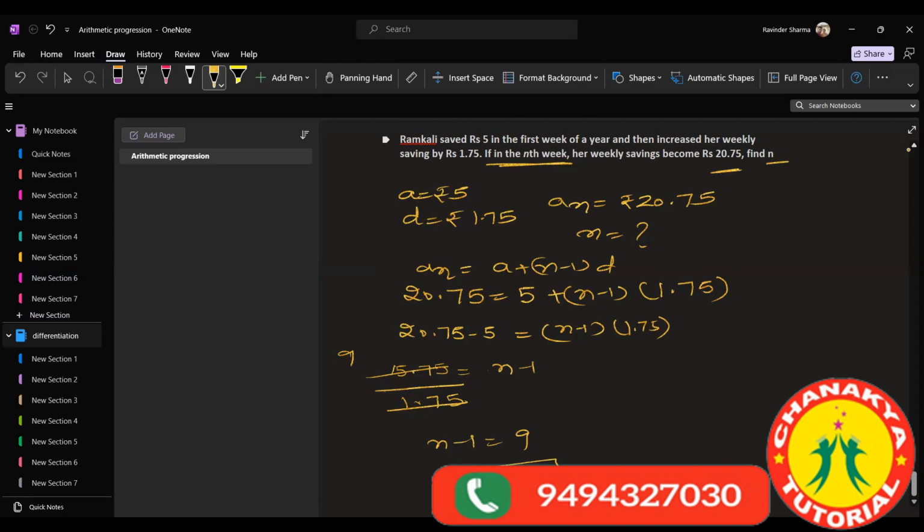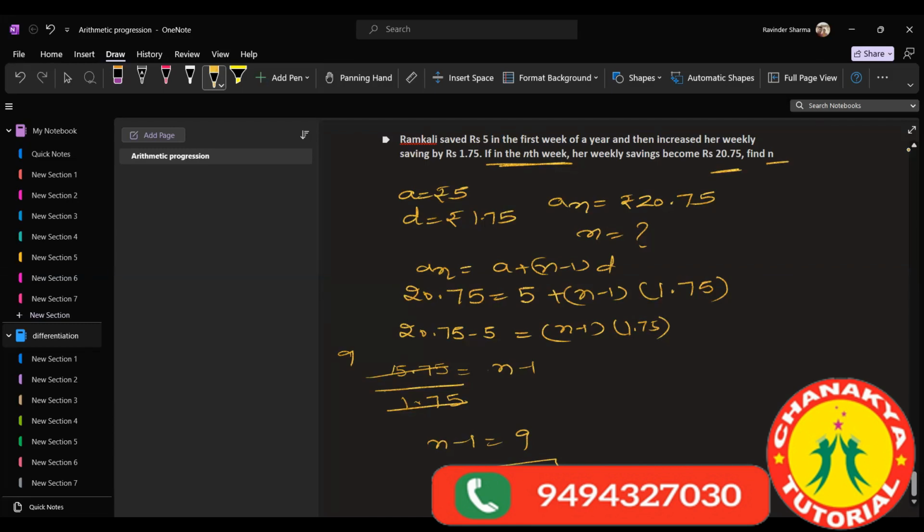Understood, beta? Can you explain one second? Please note it down. See, in the question it is given that Ramkali saved ₹5 in the first week of a year, so the value of A is 5.